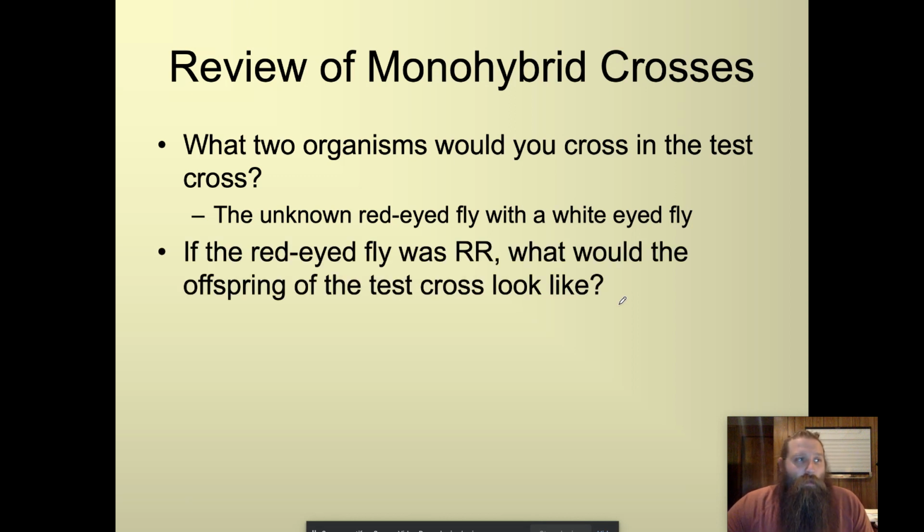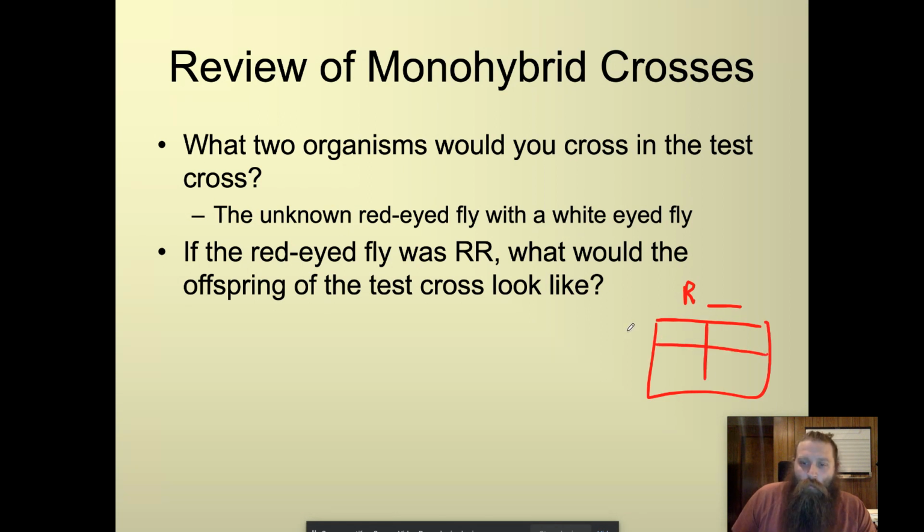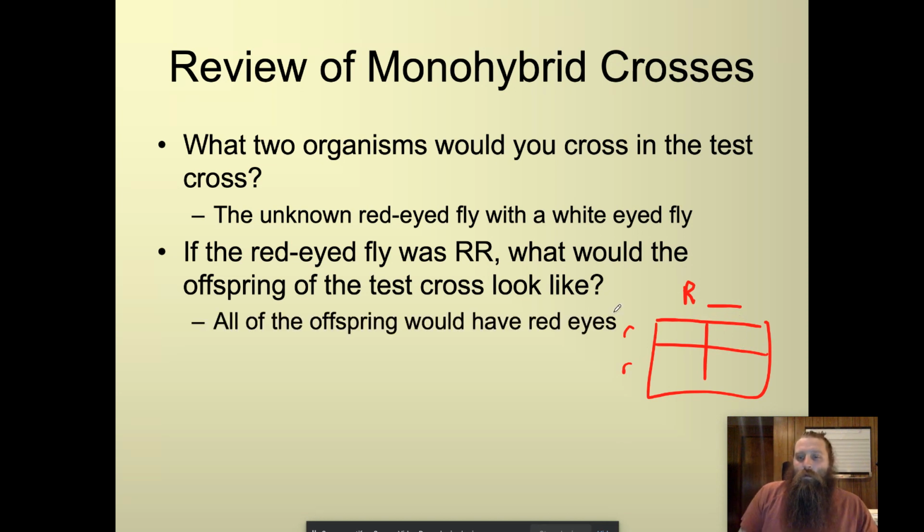So if the red-eyed fly was big R, big R, what would it look like? We don't know that one in our red-eyed fly, but we would know this one. If the unknown was big R, big R, everything would be red, we'd have all hybrids, and 100% red eyes.